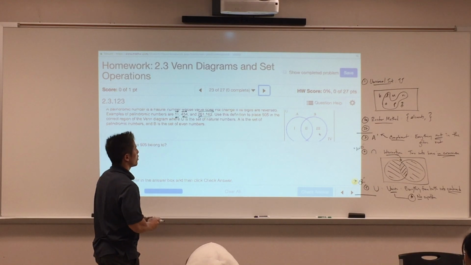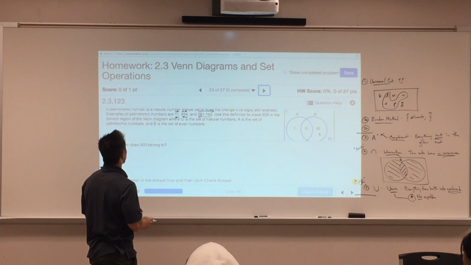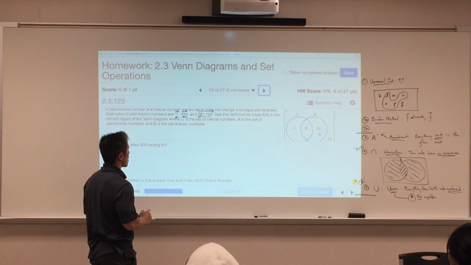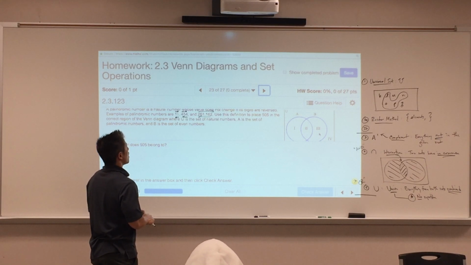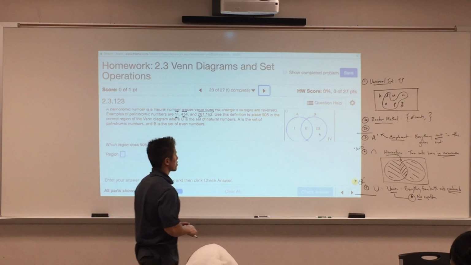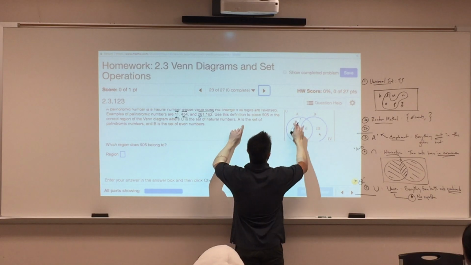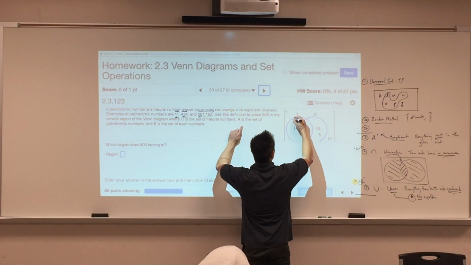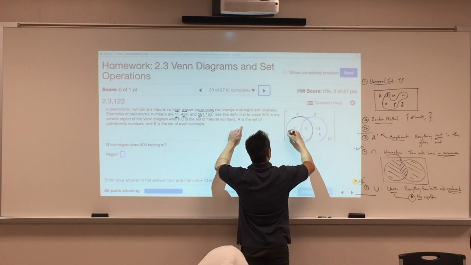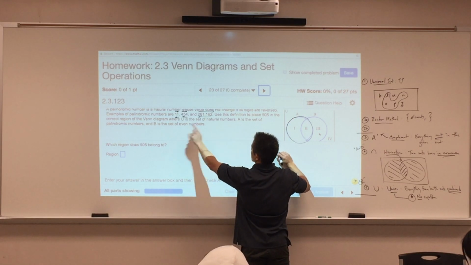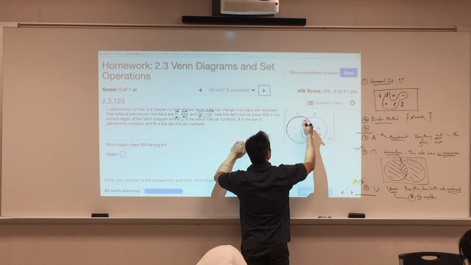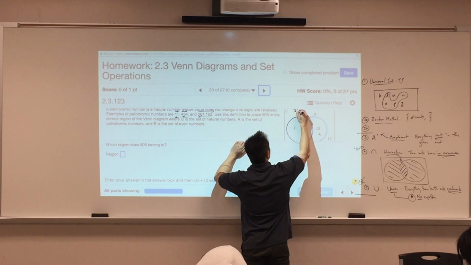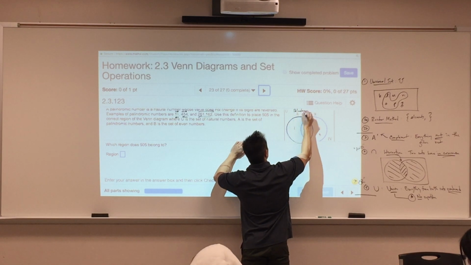Use this definition to place 505 in the correct region of the Venn diagram where U is the set of natural numbers, A is the set of palindromic numbers, B is the set of even numbers. So in other words, anything that goes in A, this set right here, needs to be a palindrome.